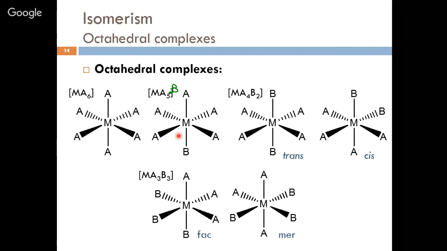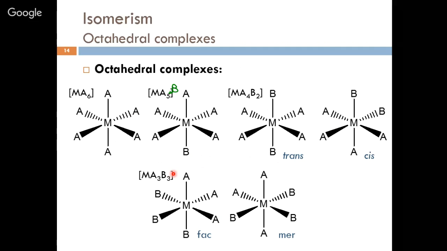If we have 4 of one kind of ligand and some other ligand, in this case here, now we can have cis and trans isomers. So the B ligands can be either across from each other or next to each other. If we have 3 of each type of ligand, we can have what are called facial and meridional isomers.